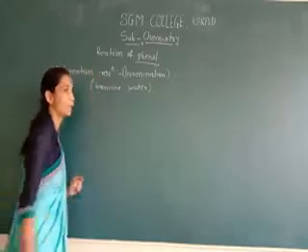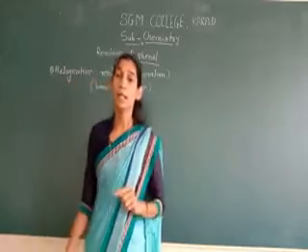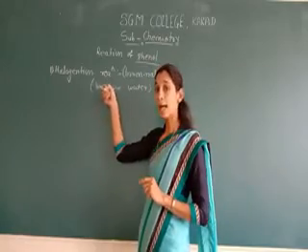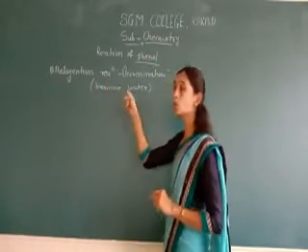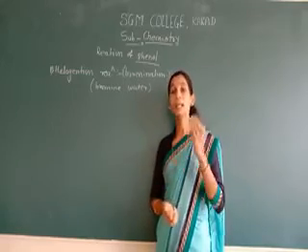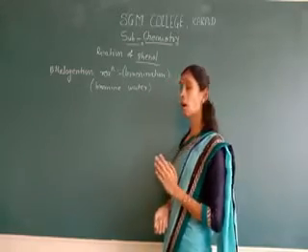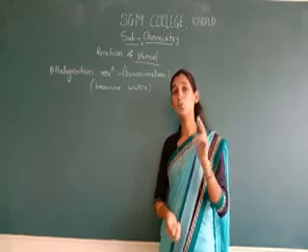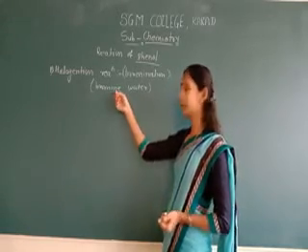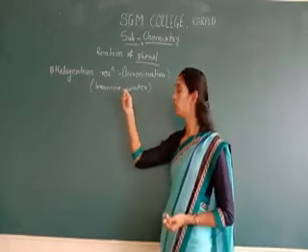What happens in this halogenation reaction? Phenol will react with this bromine water, that means the aqueous solution of bromine, and it gives the product 2,4,6-tribromophenol.